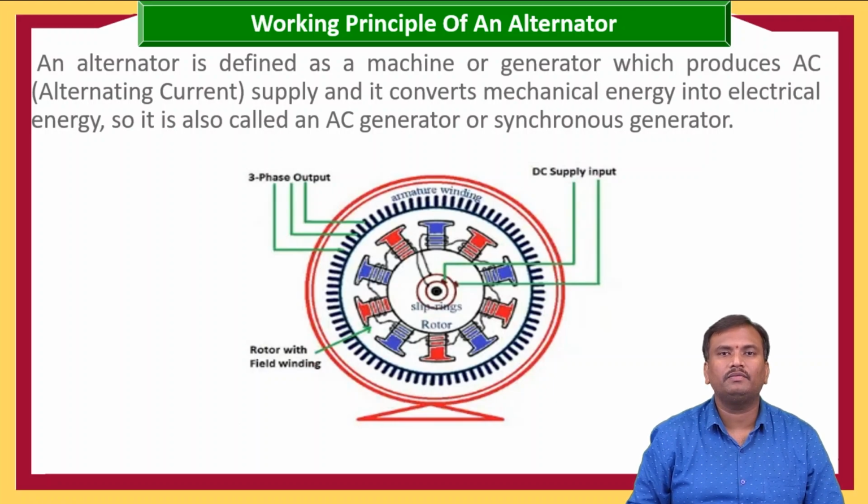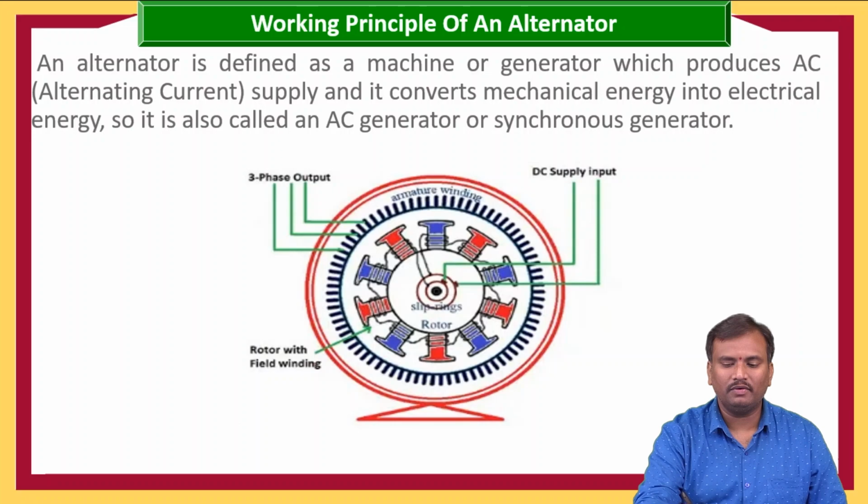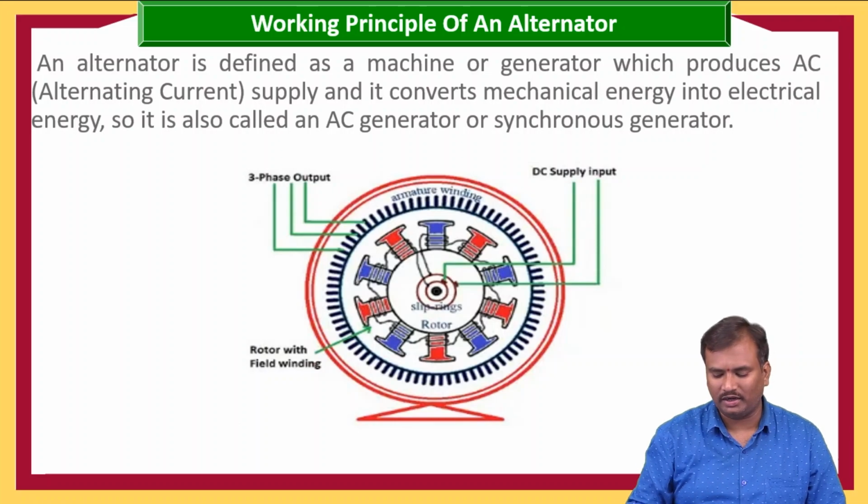Because when the weight of the rotor is more, then whatever the amount of mechanical energy required to turn the alternator will be more. So in order to reduce the mechanical energy, we are placing the field winding on the rotor and armature winding on the stator.